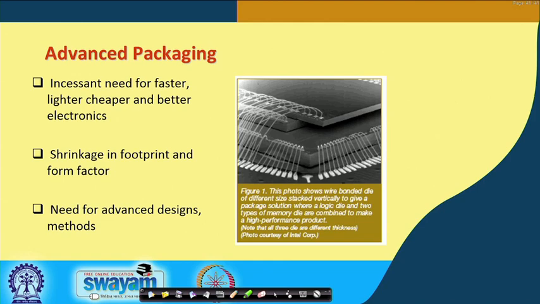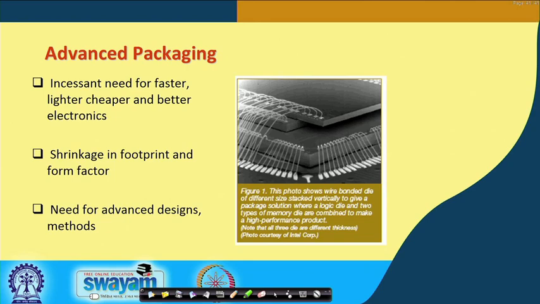So we are always looking for sleeker, thinner, lighter, smaller devices, smaller gadgets, whether we are talking about smartphones, laptops, tablets, or even TVs, where probably the screen size goes up, but the third dimension, which is the thickness, does go down. Okay. So this calls for the need for advanced designs and methods.